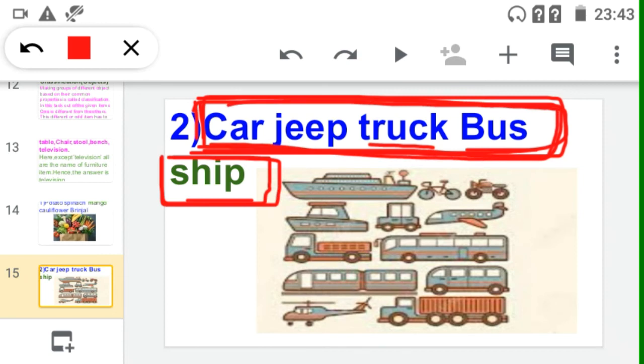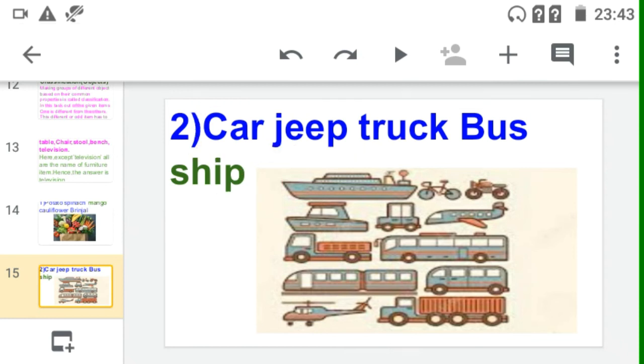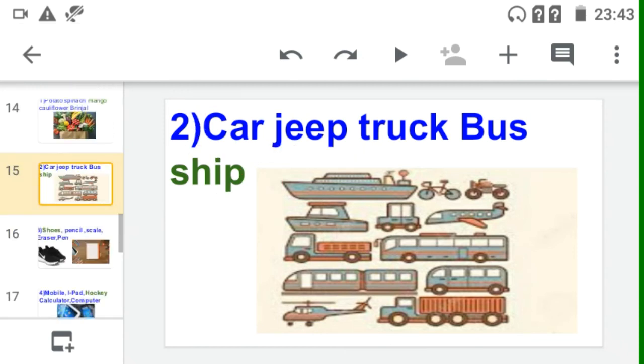So ship is moving on river, and car, jeep, truck, bus are moving on road. So that's why ship has another function or another property. So that's why ship is the odd one. So ship is your answer.